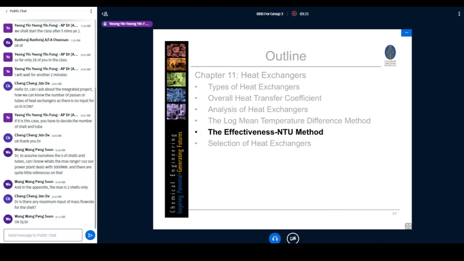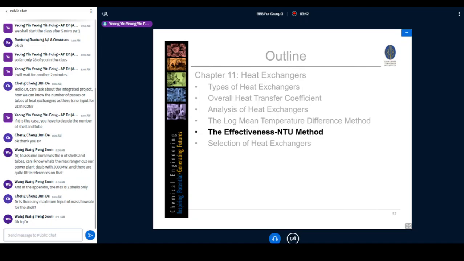Usually, its surface area is how much, the number of shells is how much, or the number of tubes is how much. Okay, so in order to get comparison, you can check usually what would be the length of the tube, what would be the diameter of the tube. Okay, what would be the diameter of the whole heat exchanger.